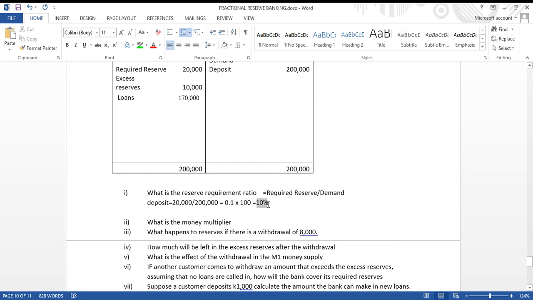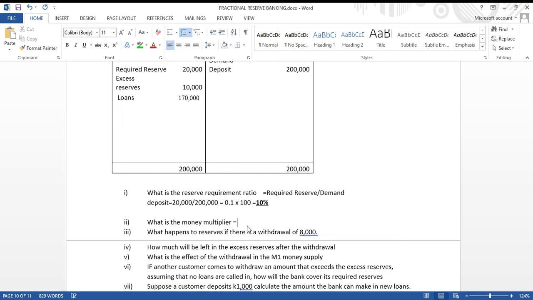Okay, so meaning whenever someone deposits an amount of money, 10% of that money is kept by the bank. All right. Then the other 90% is what we call excess reserves, and the bank can use it for various things. So our reserve requirement ratio is 10%. Right. The next question is, what is the money multiplier?